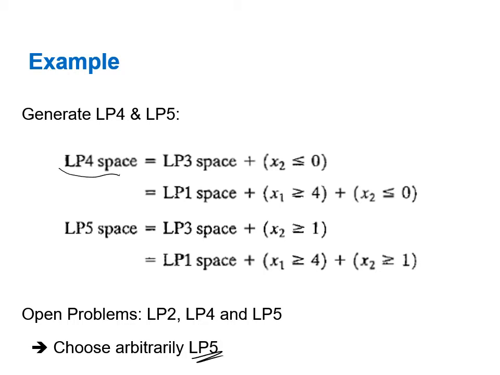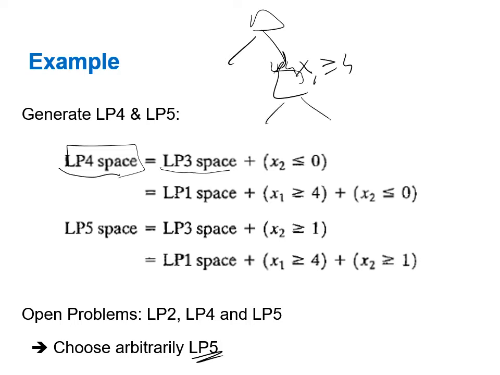In LP4, what is the problem? It is on top of LP3. Remember, in LP3 I included this one. So this is LP3, and then in this LP3, for LP4 I include this constraint, and for LP5 I include this constraint.